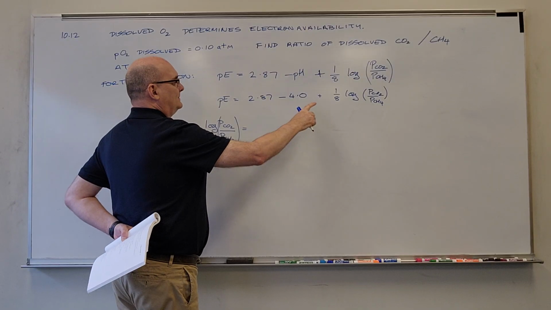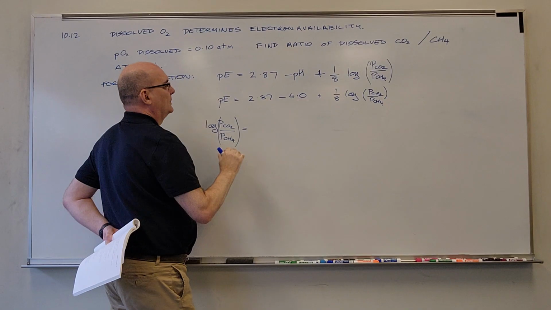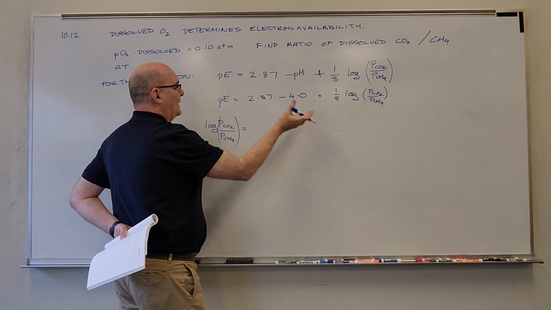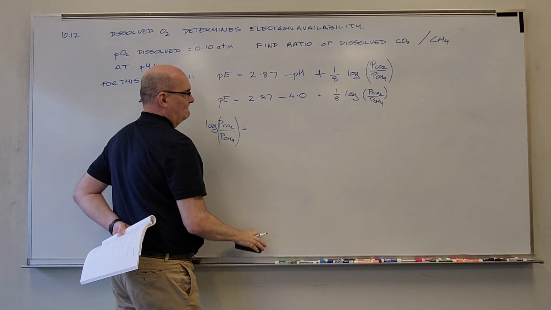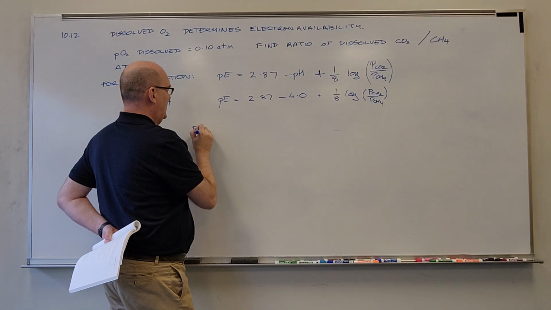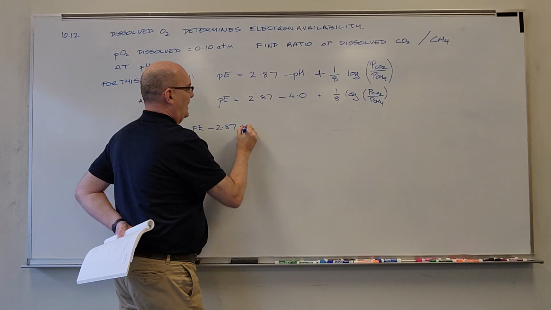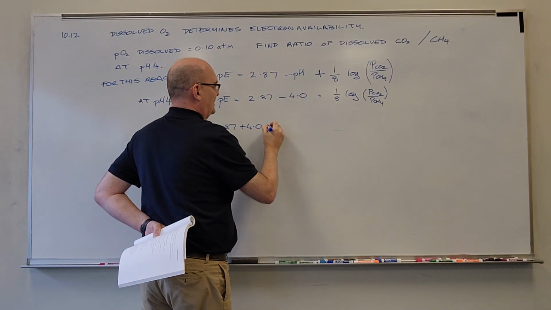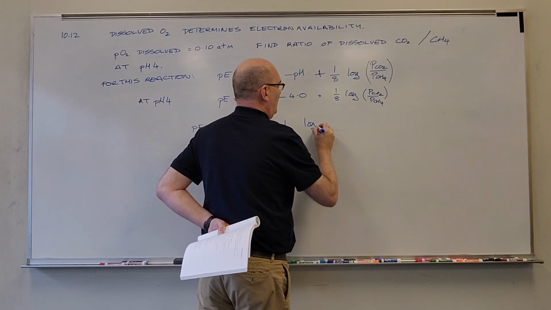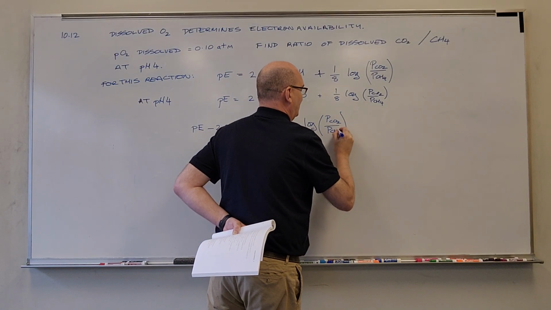To get there, I'm going to move everything over. Actually, if I flip it the other way, you'll see what happens. So PE minus 2.87 plus 4.0 equals 1/8 of the log of PCO2 over PCH4.